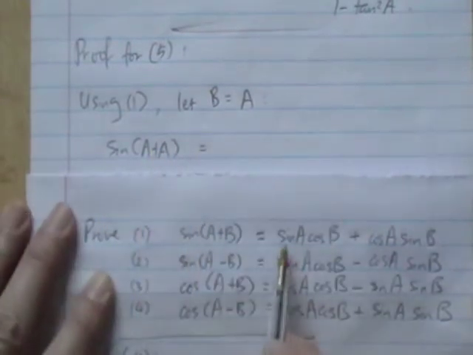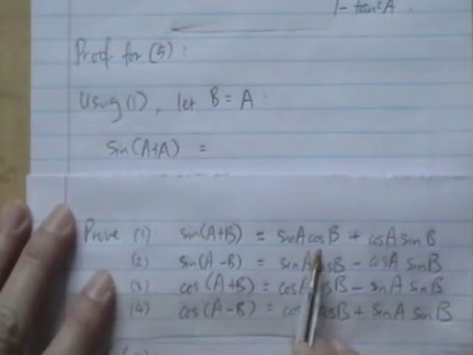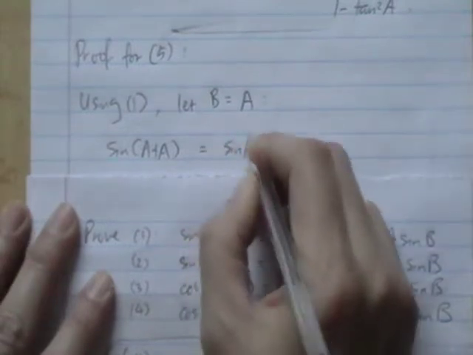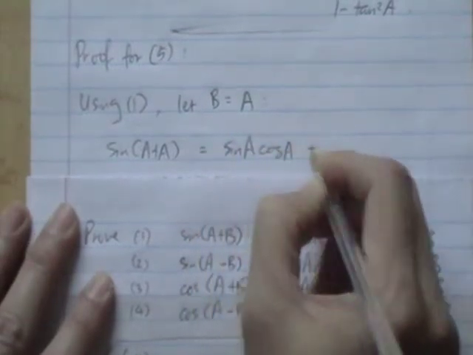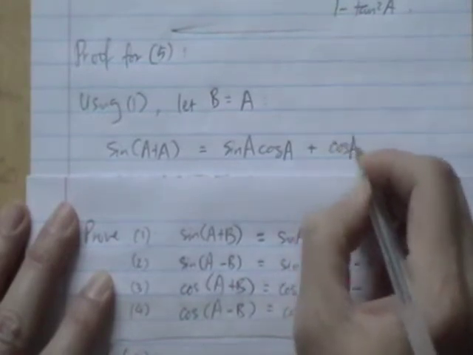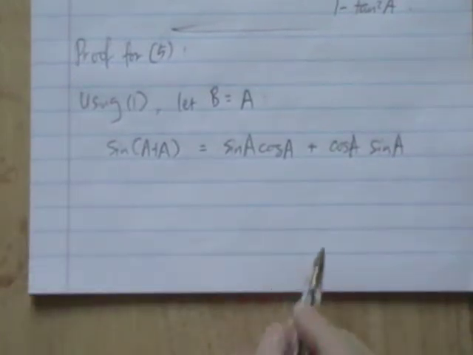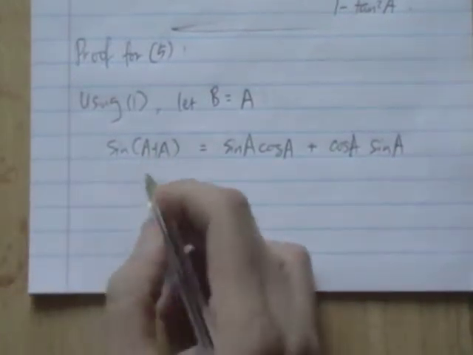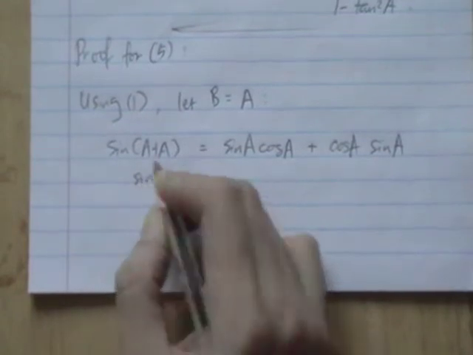On the right hand side, sine a cosine a, cosine a sine a. And you can simplify. That is, a plus a is 2a.